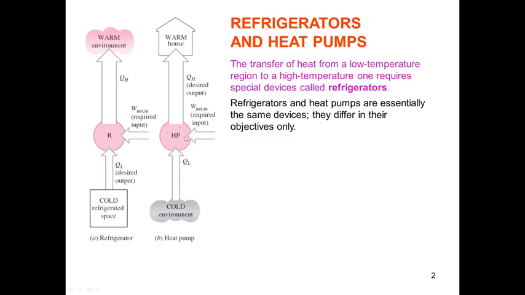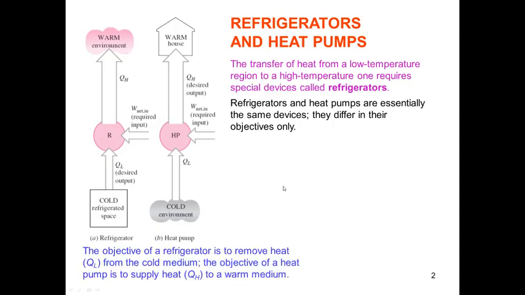Whereas in the case of a heat pump, our objective is to warm the house. Normally that is adopted during the winter season, right? So the heat pump will take heat, that same QL, and transfer it to here. But here our objective is to produce heating, whereas in the case of the refrigerator our objective is to produce cooling.